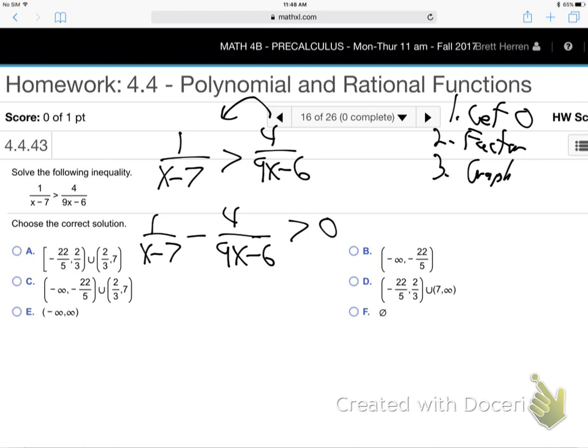Like that. And then you got to combine those together, don't you? Got to combine those together. So that means top and bottom by the common denominator. 9x minus 6, top and bottom of that one, and x minus 7, top and bottom of that one.